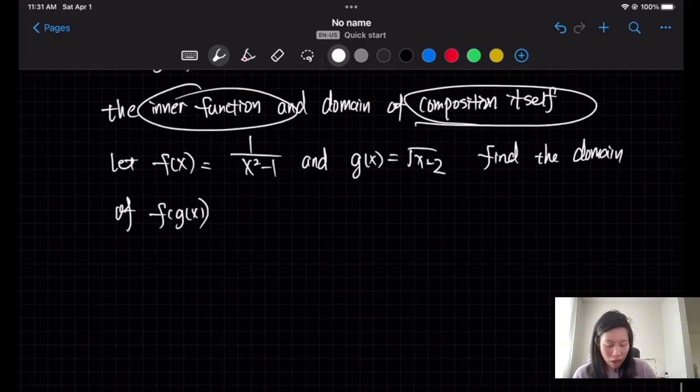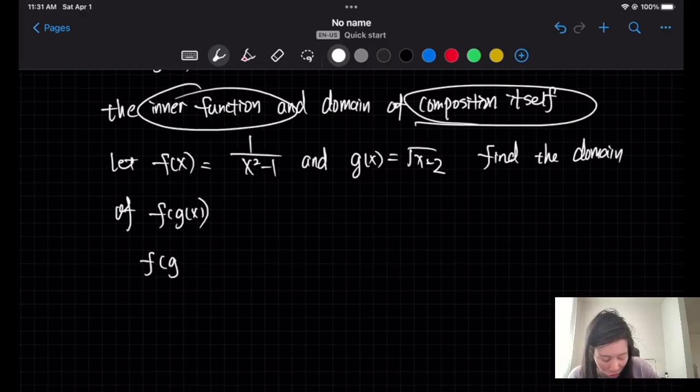All right, so now let's try to do this. f of g of x equals what? g of x equals square root of x minus 2.